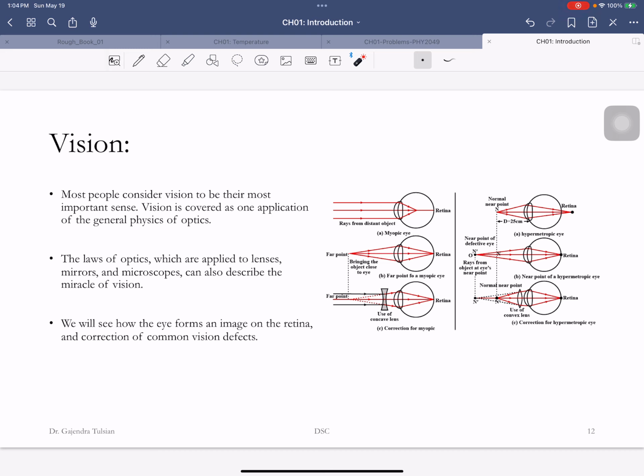There is the near point of the defective eye, meaning beyond this point they can see; anything inside of here, they can't focus on the retina. The correction for these people is using a convex lens, and this lens will form images of any object in this range on the retina. So the laws of optics is what we need to study to understand all of this, and we'll do that.